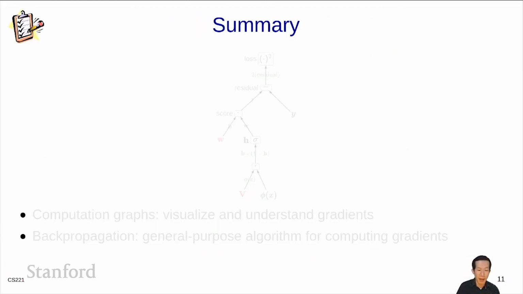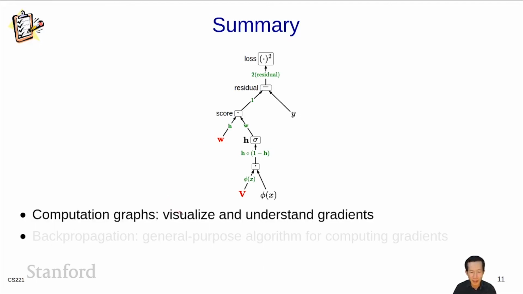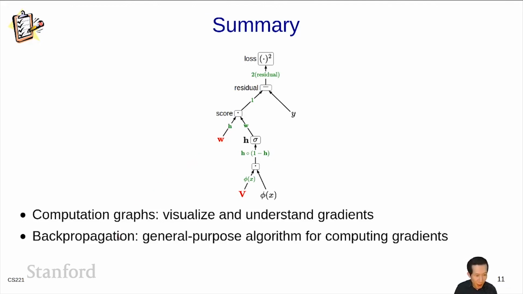Okay, so let's summarize now. The most important topic of this module is that of a computation graph. This allows you to represent arbitrary mathematical expressions, and these expressions are built out of simple building blocks. I hope that the idea of computation graphs will give you a better visual understanding of what your mathematical expressions are doing and also what gradient computations are about. Then we saw the backpropagation algorithm, which is a general-purpose algorithm for leveraging the computation graph to compute the gradients.